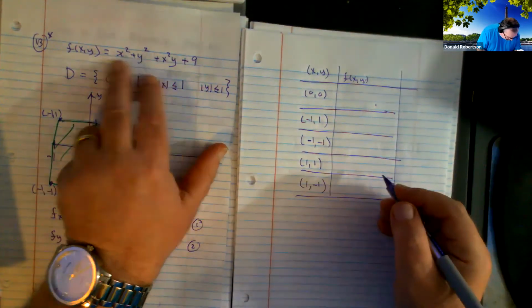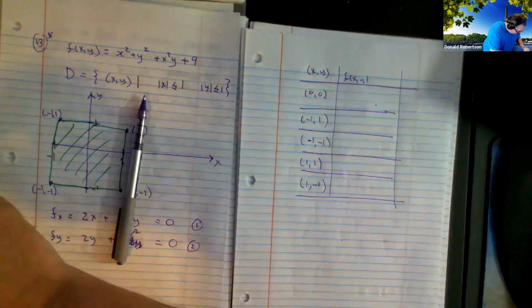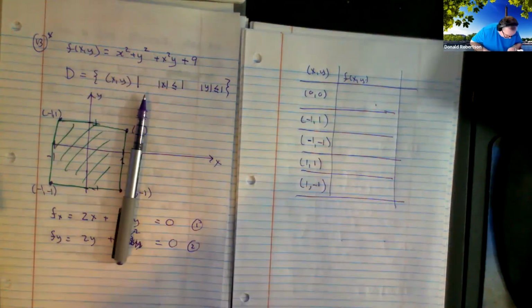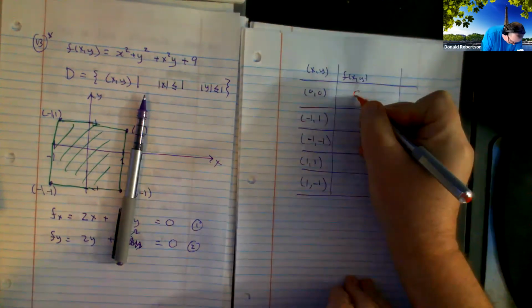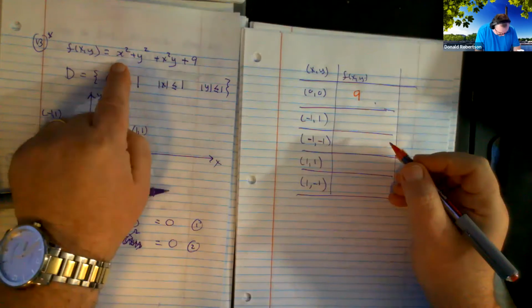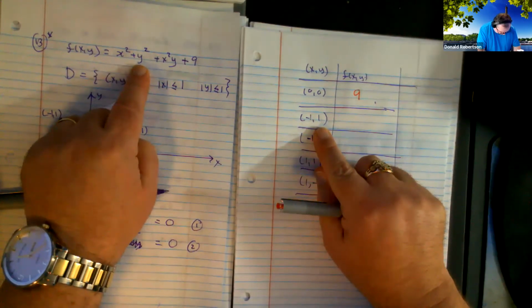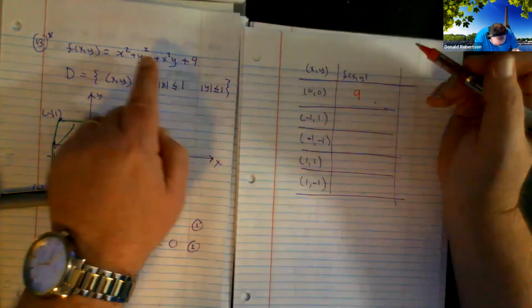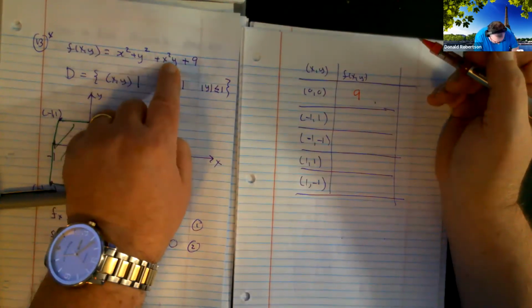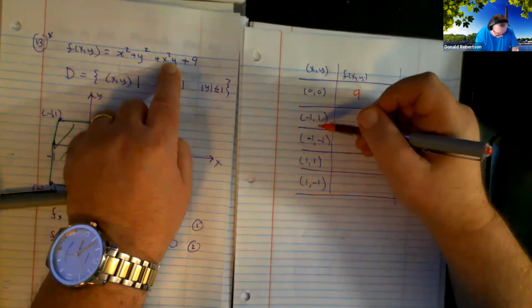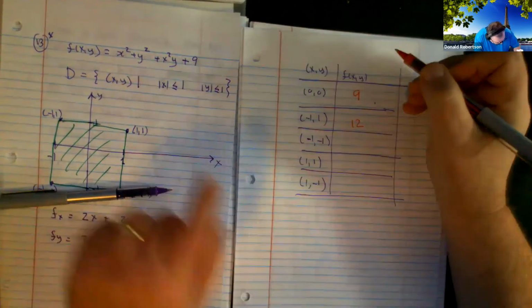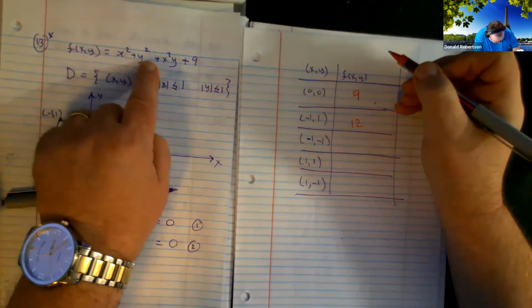So here goes. If you plug in 0, 0, you get the answer 9. If you make x -1 and y +1, you get 2, 3. Let's check that. That's 1. That's 1. Y is 1. That's 1, so you'll get 12. Negative, negative, total.